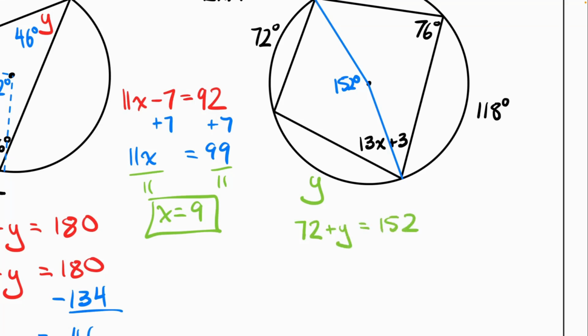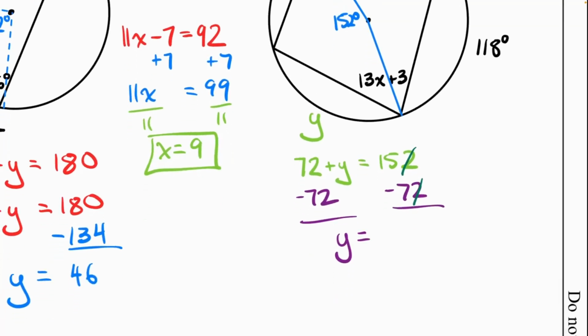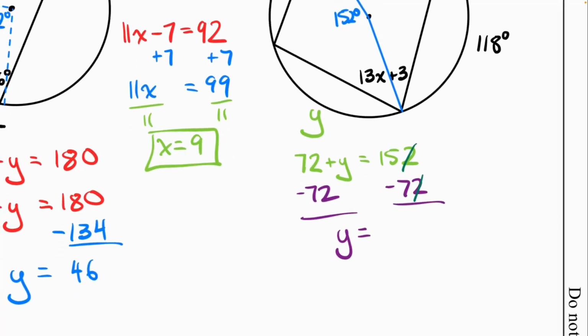Yep. And then from here, we could subtract 72, subtract 72. Y is going to be equal to, well, these 2's are going to cancel out, right? What's 15 minus 7?